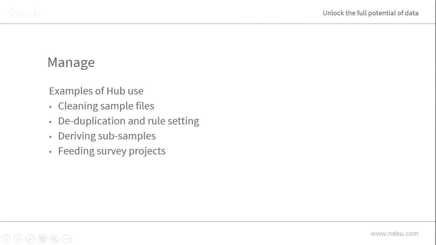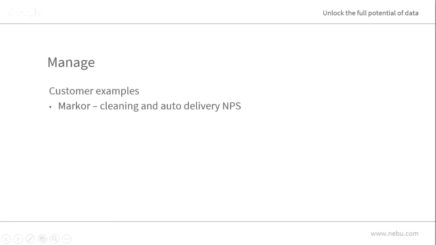And what we've seen through different projects with our clients is they can be quite creative in there. So just a couple of examples of what some of the customers are doing. Mark, a customer that brings in a lot of different sample files. They do a cleaning and auto delivery process there for a net promoter scoring system.